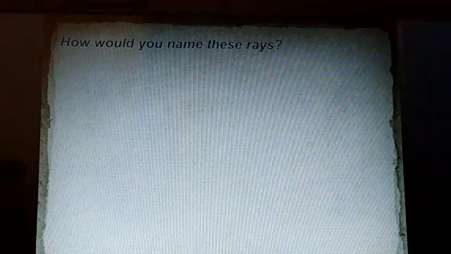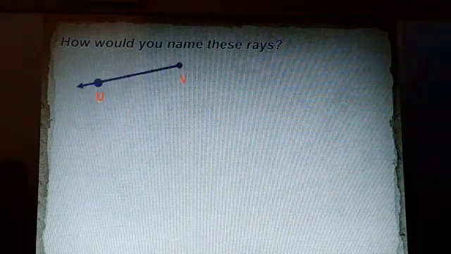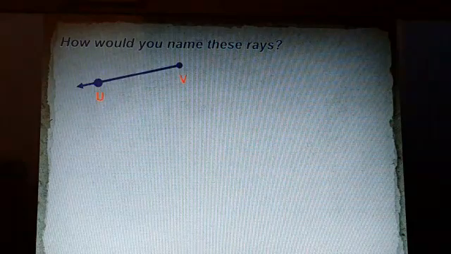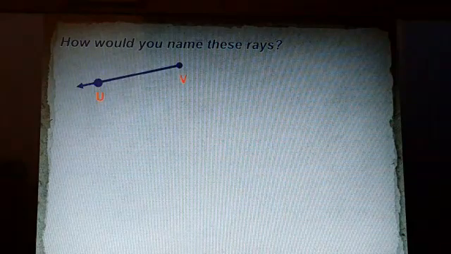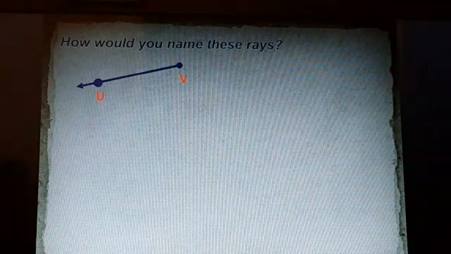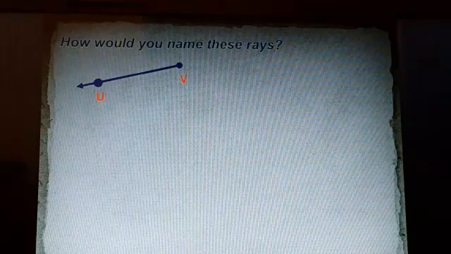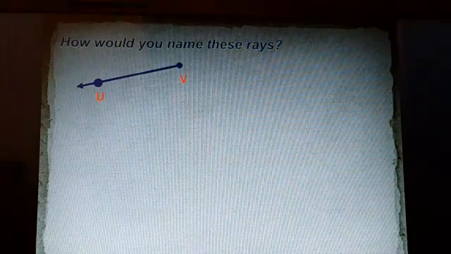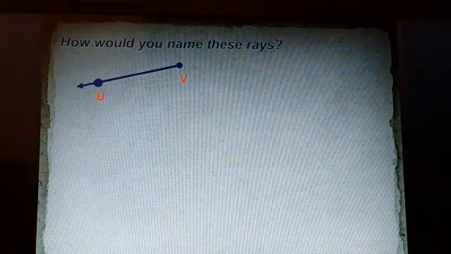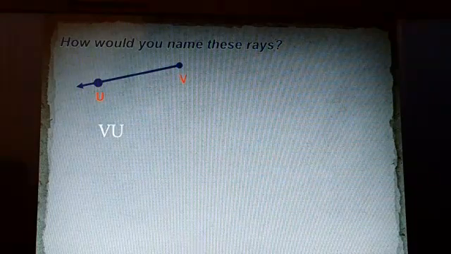How would you name these rays? Think. You have 2 seconds to answer. 1, 2. Answer. Check your answer with me. Okay, the answer is here.